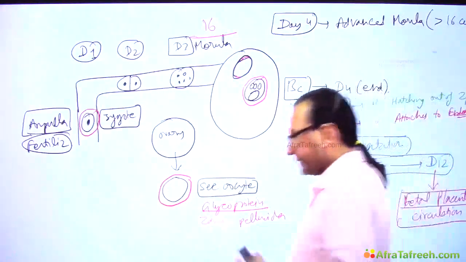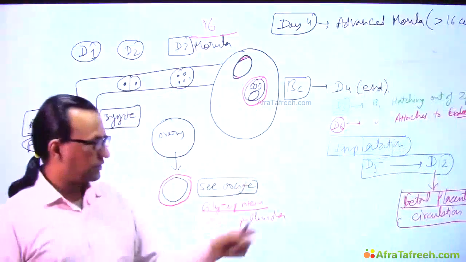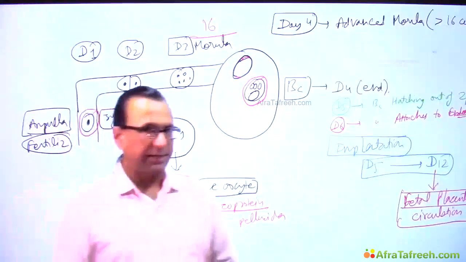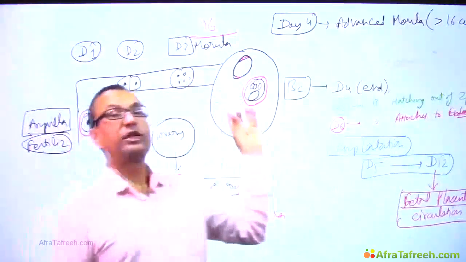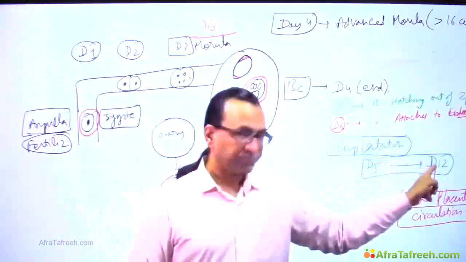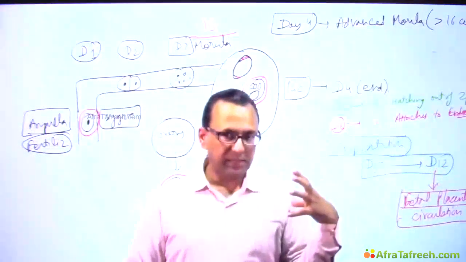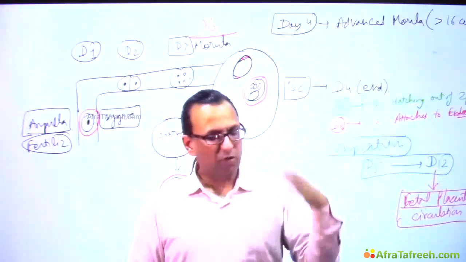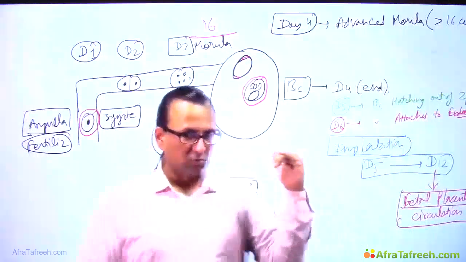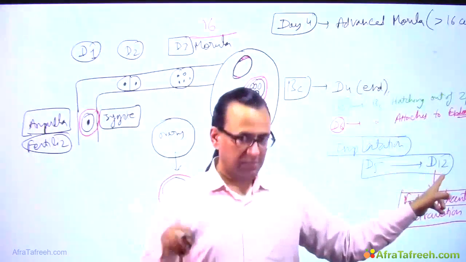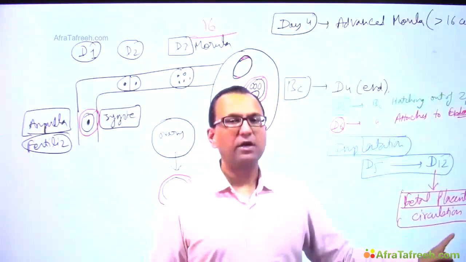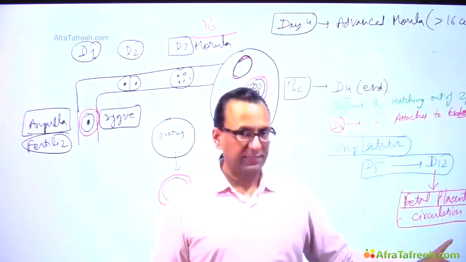Now, if you say the fetal placental circulation is to be established later, what is established right now? See, in the beginning, the conceptus is depending upon diffusion, but at day number 12, the maternal placenta will have blood, which is called the uteroplacental circulation beginning. So, uteroplacental circulation begins on day number 12, and the fetal placental circulation begins a bit later, day number 17.